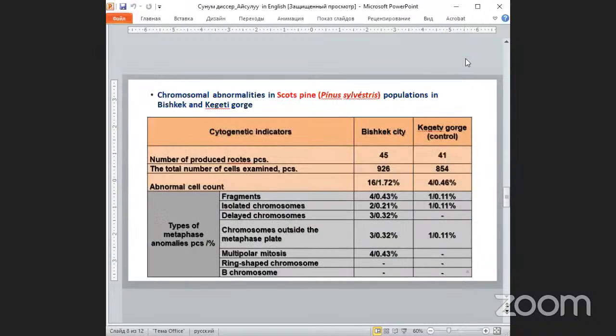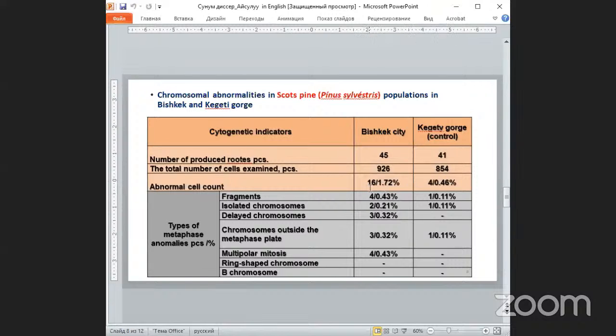So we produced 45 pieces of roots from seeds in Bishkek city and 41 pieces of roots in Kegeti Gorge. The total number of cells examined was 926 in Bishkek city and 854 in Kegeti Gorge.